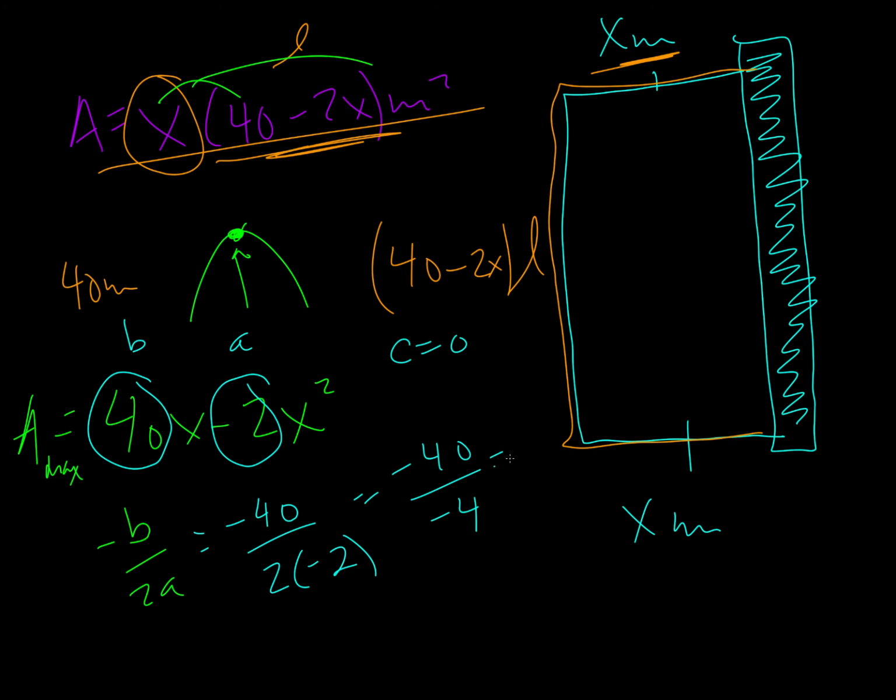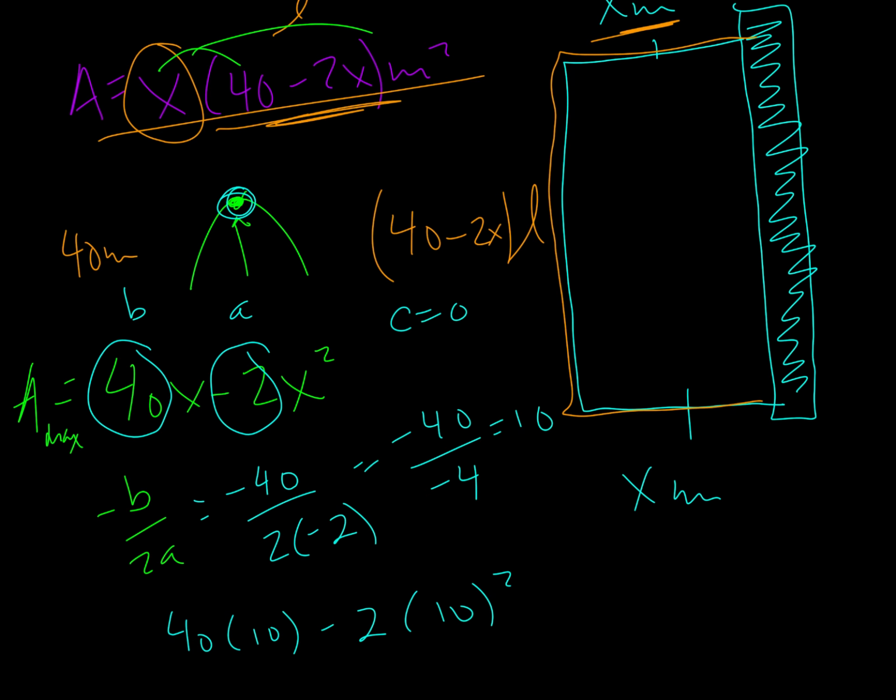Negatives cancel, and so that's 10. And so the x value that gives us our maximum is 10. And so all we need to do is plug in 10 to this. So we're going to say 40 times 10 minus 2 times 10 squared, and that will be our maximum area.